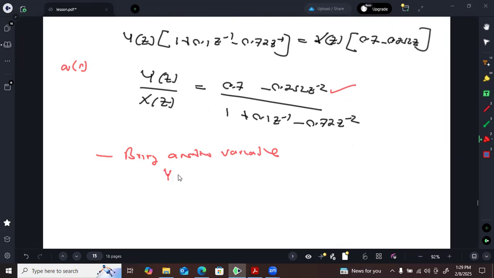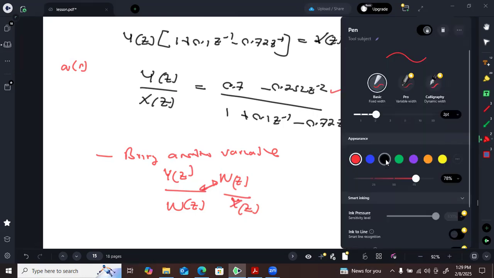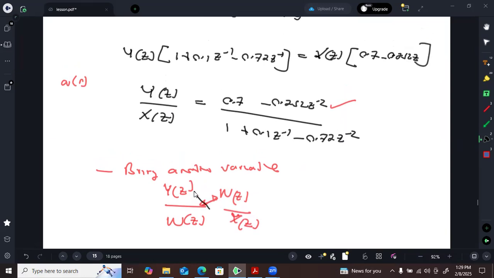So that we have Y of z over X of z equal to Y of z over W of z into W of z over X of z. This still gives us the same value as Y of z over X of z. As you can see, this would actually cancel and would remain with this part.